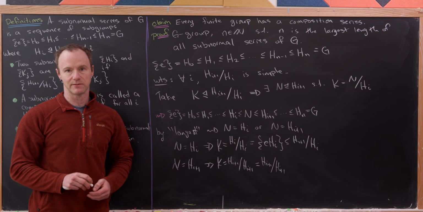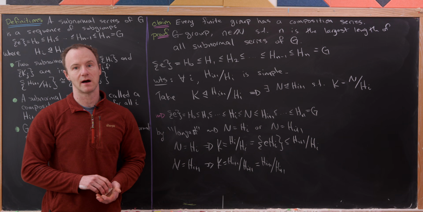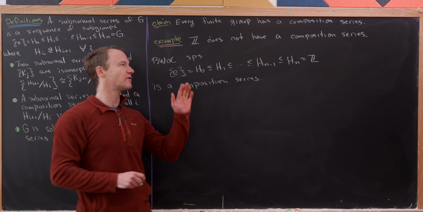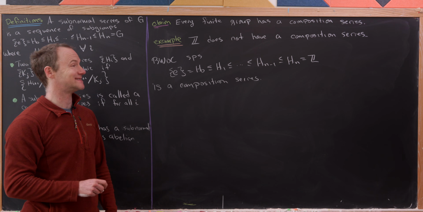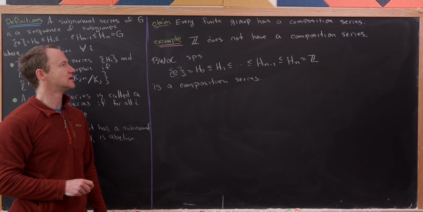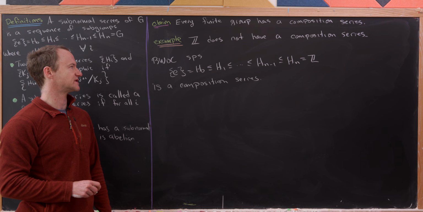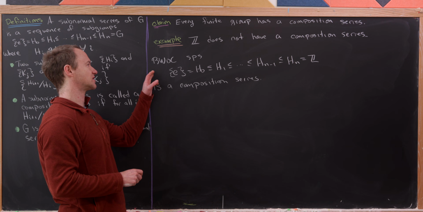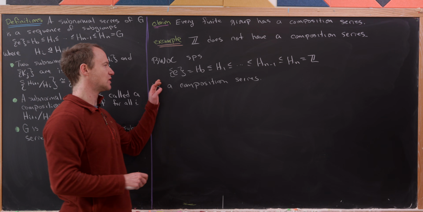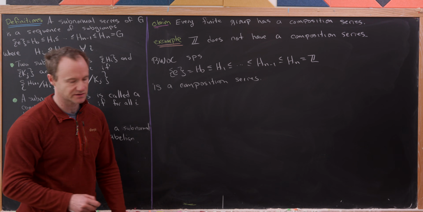Now let's look at our example of an infinite group with no composition series. And we don't have to go very far. All we'll do is show that Z, the integers with addition, does not have a composition series. So let's do this by way of contradiction. Suppose we have a composition series.